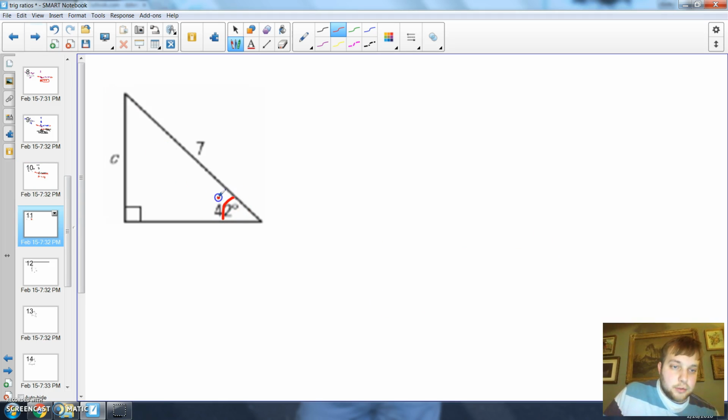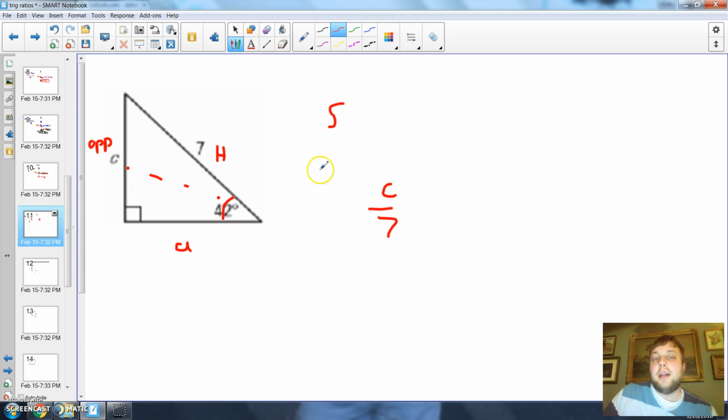Here's the angle. Opposite. Alright. Here's the hypotenuse. Here's the adjacent. I have opposite and hypotenuse, that's sine, right? So I'm going to go C over 7, because opposite over hypotenuse is sine.